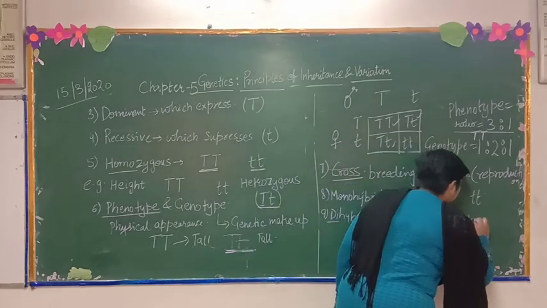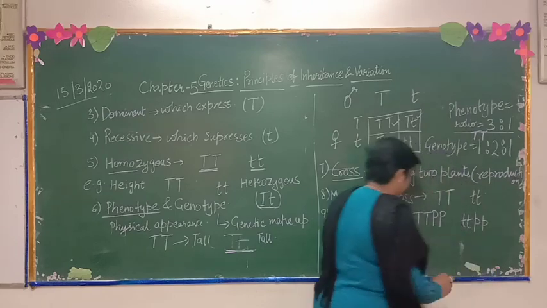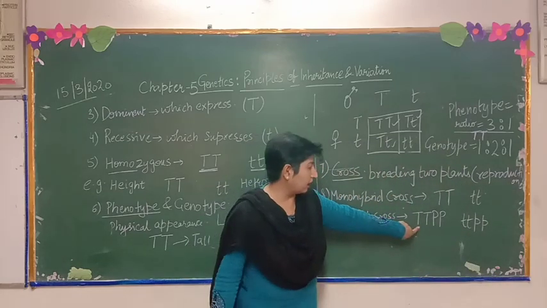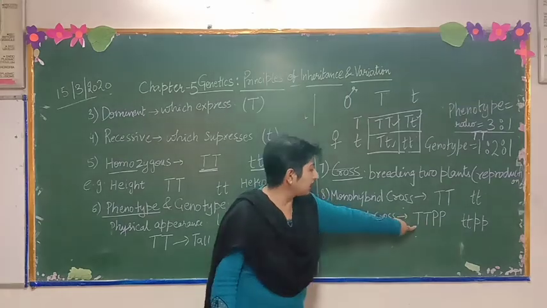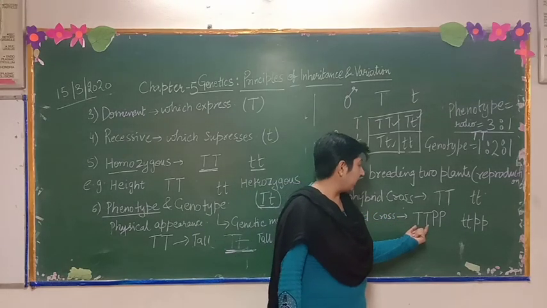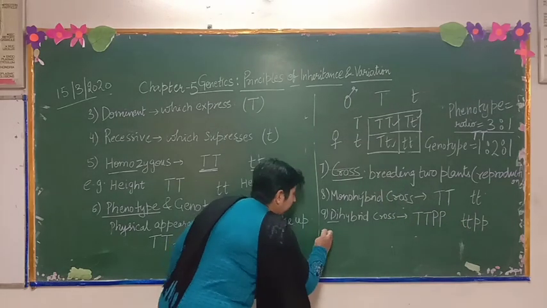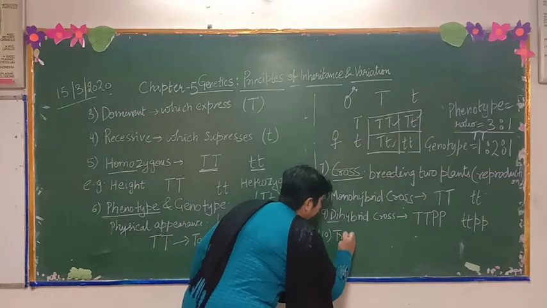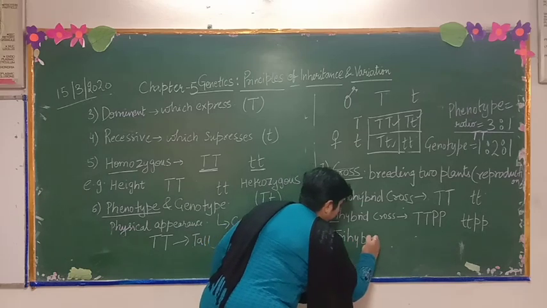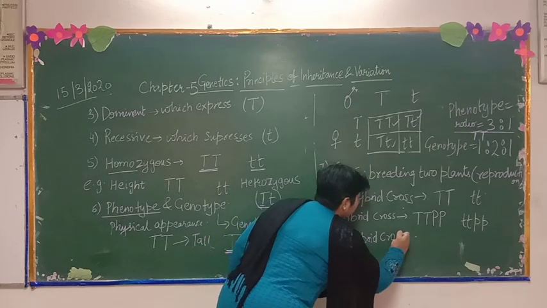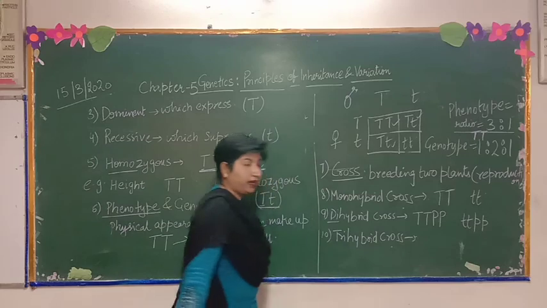It will be like this. The same letter we have taken up, but on the dominant side we write capital and on the other side we write small. Another one is trihybrid cross, when we are taking three characters all together.